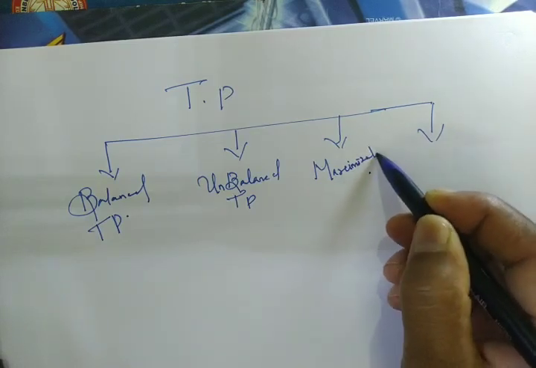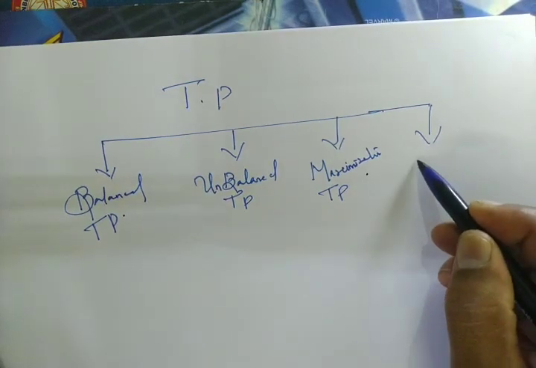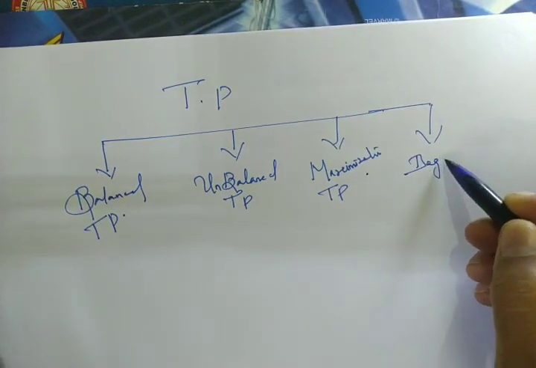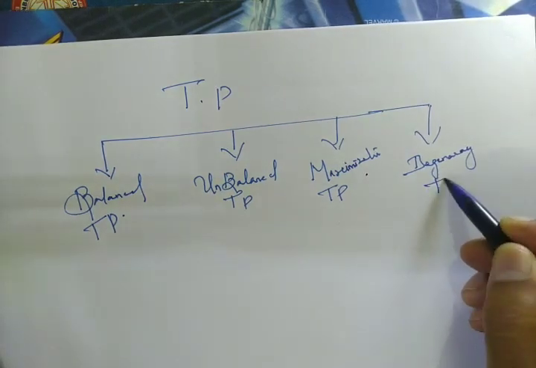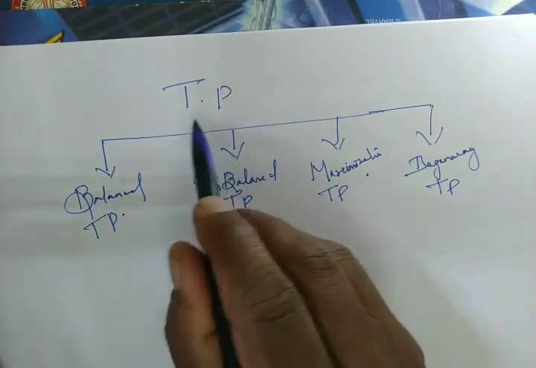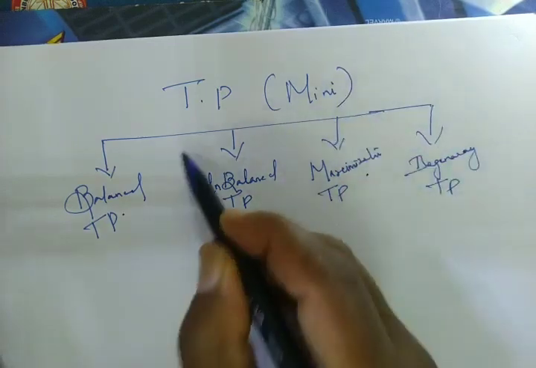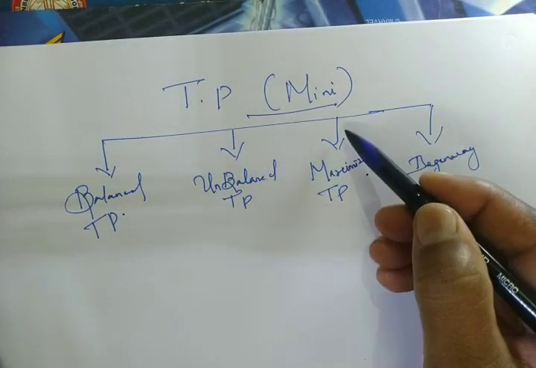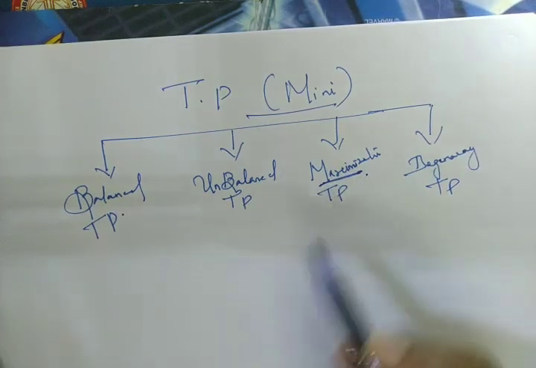And the last one is degeneracy TP. Here I always told you very clearly, the transportation problem's objective is always to minimize. This is very important. So that's the reason the third one, maximization, is a special case in TP.